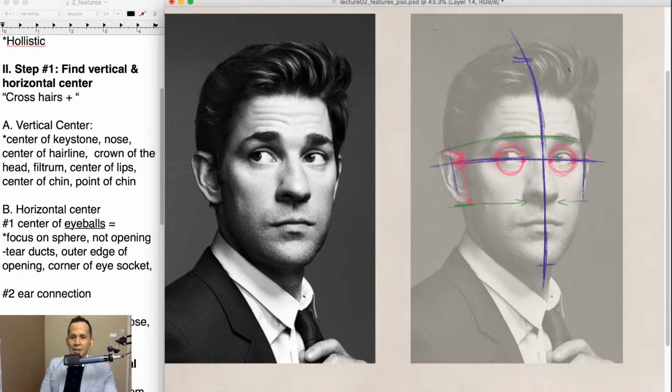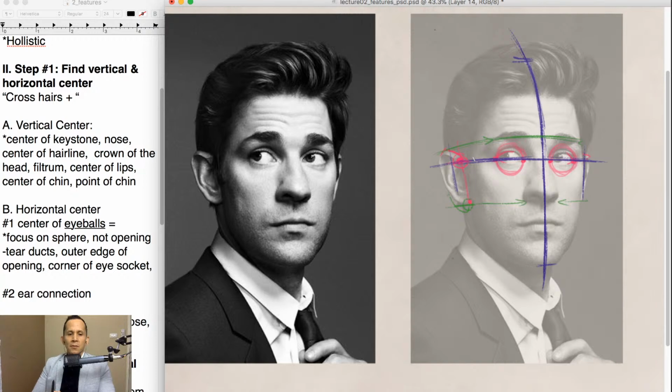This is very close to an idealized male, but you see how now we're getting into rhythms. That's a rhythm, and it's all kind of related. So the ear is really important. This is the bottom of the ear connection, not the earlobe. Sometimes the earlobe can drop down, so you gotta be careful.